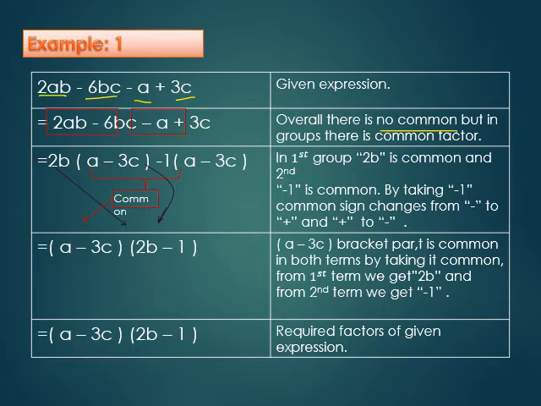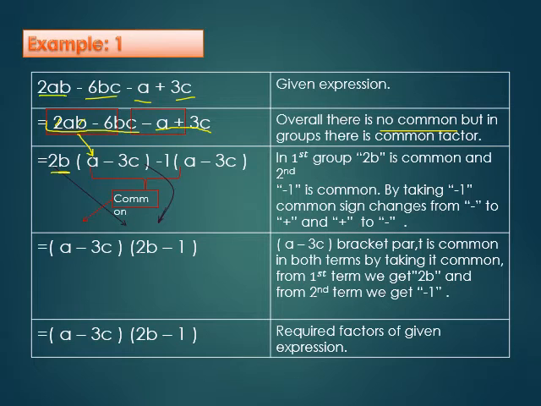As 2 is not common, no variable is common, but if we divide this expression into two groups, the first group is 2ab minus 6bc and the second group is minus a plus 3c. From the first group, observe here, student, 2b is common.